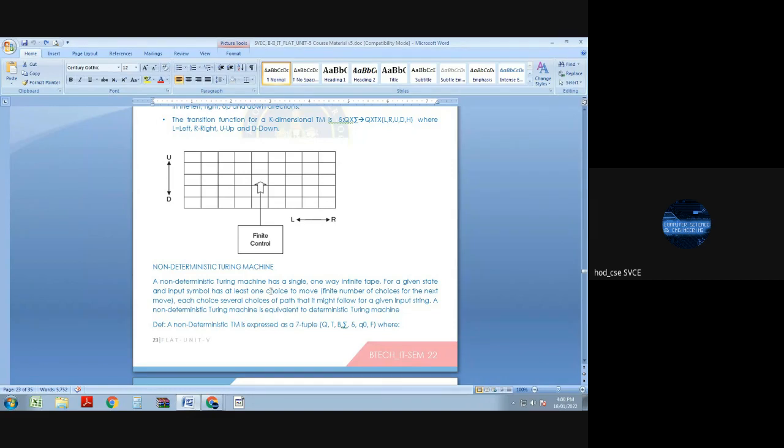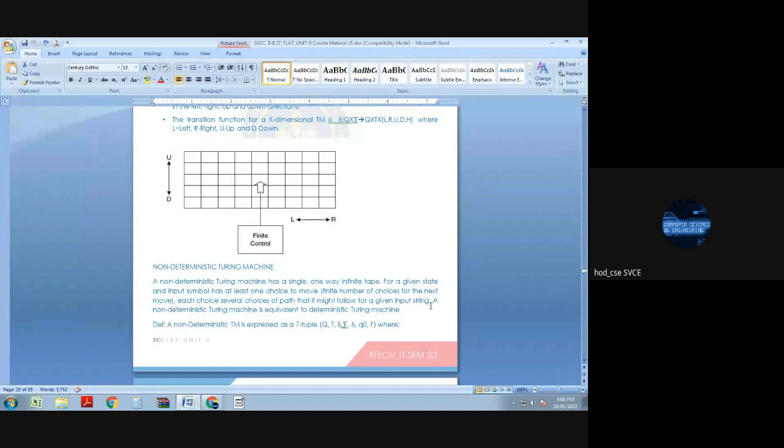And then the non-deterministic Turing machine, as with FAs and PDAs. A non-deterministic Turing machine has a single one-way infinite tape, and for a given state and input symbol it has at least one choice to move from.